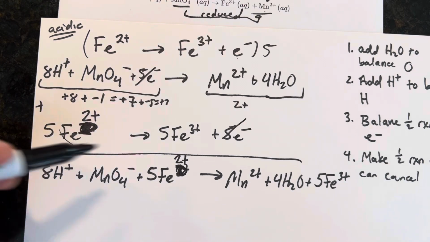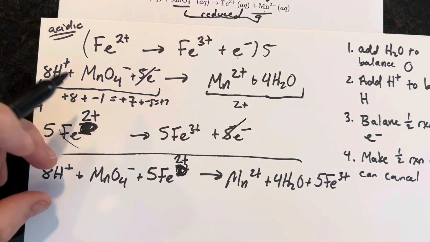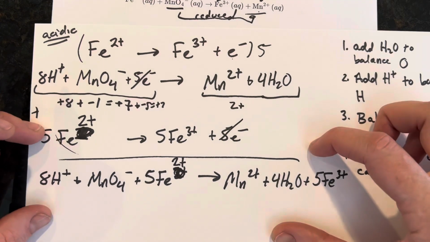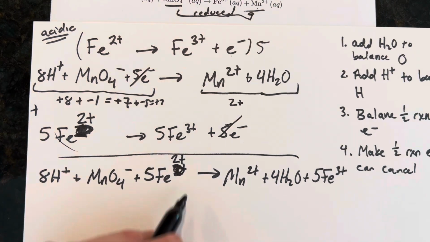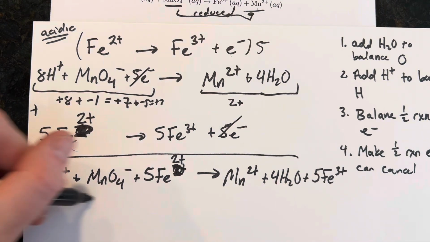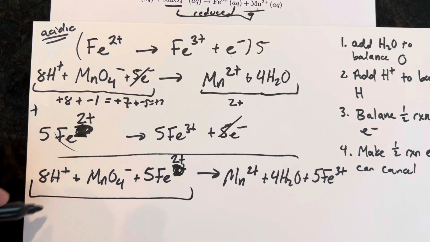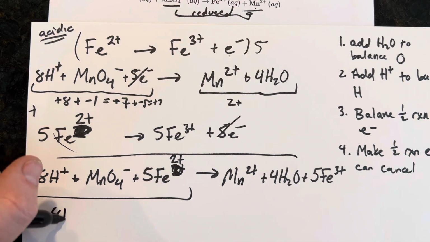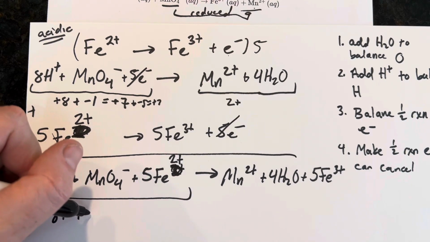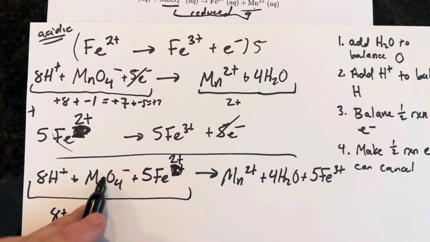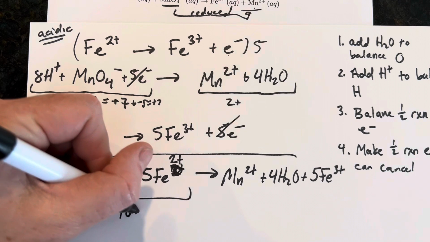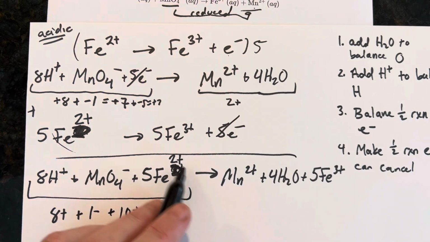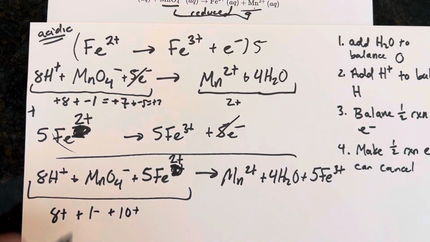All right, so now we have all these things added up. This is technically our balanced reaction, but we want to make sure that everything works. So final check would be make sure that you have the same number of charge on each side. So over here I have 8 positive from these 8 hydrogens, plus 1 minus from that, plus 10 positive from the 5 Fe2 pluses, for a total of 17.